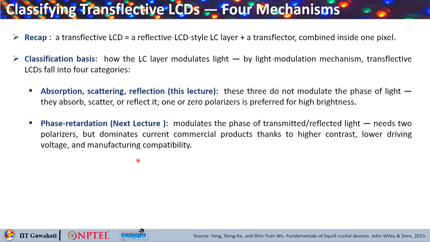So this basically modulates the phase of the transmitted or reflected light. So it basically needs 2 polarizers, but it dominates current commercial products mainly because of the high contrast and the low driving voltage requirement it can offer, along with the manufacturing compatibility.